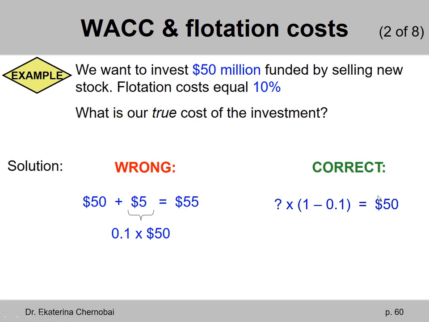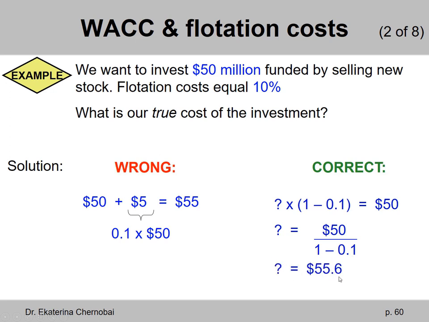And that should equal exactly $50 million that we need for our project. Let's rearrange it to solve for the unknown. The unknown dollar amount that we need to raise from stock share issues should equal $50 million that we actually need for our project, divided by 1 minus the flotation cost of 0.1 in decimals.